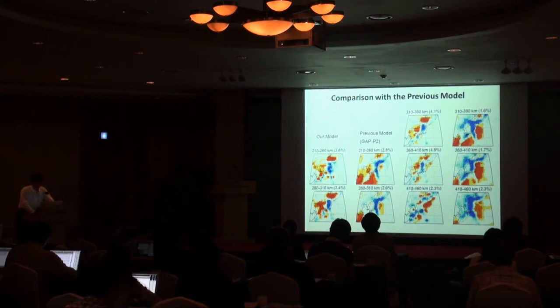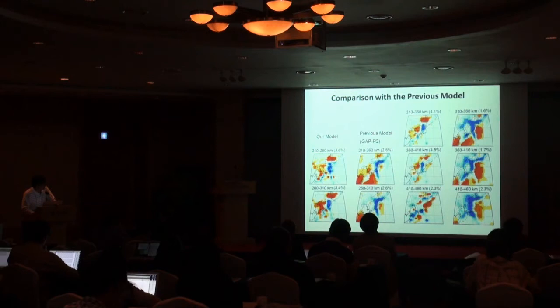This is the model obtained by this study. Comparing with the previous model, we have several significant discrepancies. Note that the data sets used in these two studies are completely independent, and the previous model analyzed the ISC catalog data.